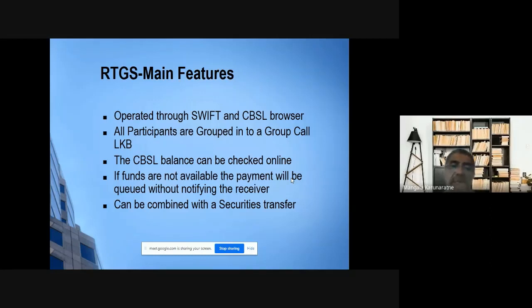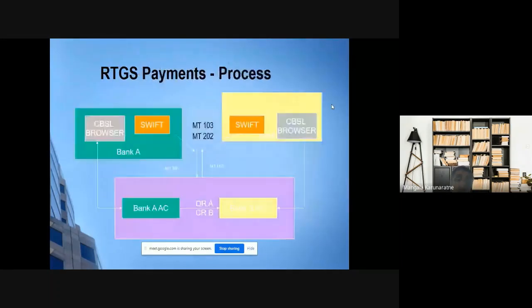Now for the fourth point, if funds are not available, the payment will be queued without notifying the receiver. What is this? Here in the Swift message, we use a system called the Swift FIN Y-copy system. Now this is how it happens.